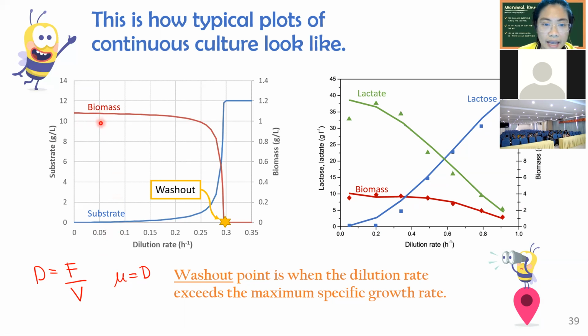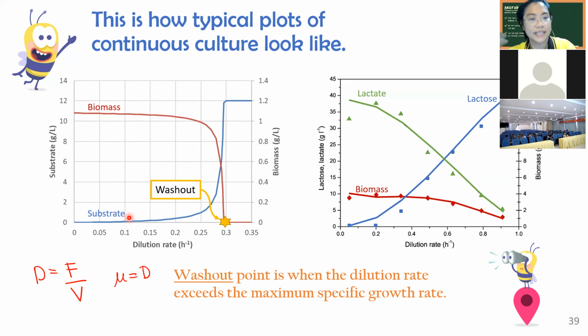So in the fermenter and in the harvest line, you see that the substrate concentration is low because it has been used. When you increase the flow, the substrate has less time to stay in the fermenter.